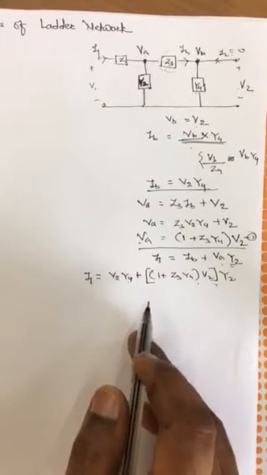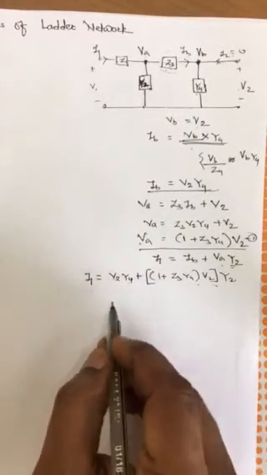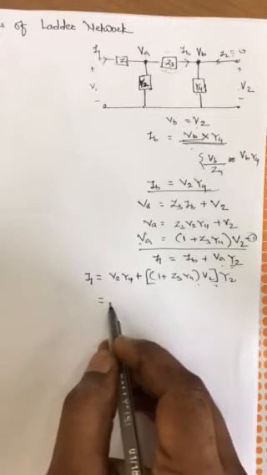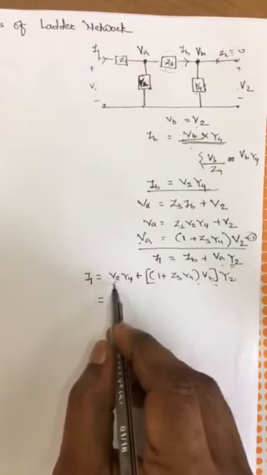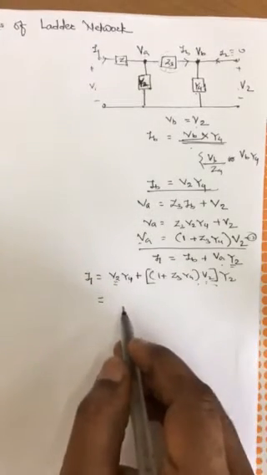Okay, now what can I do, let's see, can I take something outside from it? Yes, V2 is common, V2 is here also, V2 is here also. So I will take V2 common.